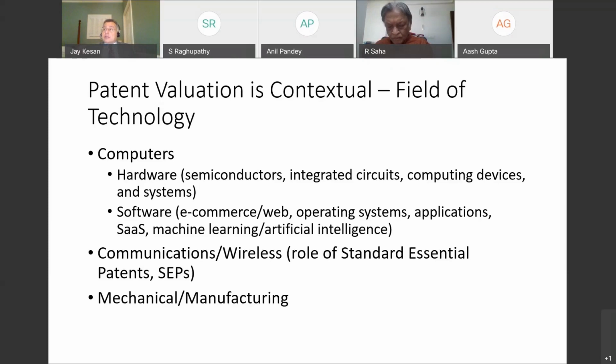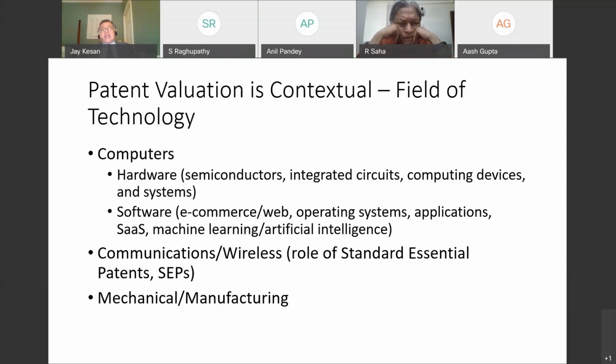In the world of artificial intelligence and machine learning, the specific machine learning model that is deployed is very often the subject of patents. And if those models are seen as having widespread applications, then those patents can be very valuable.